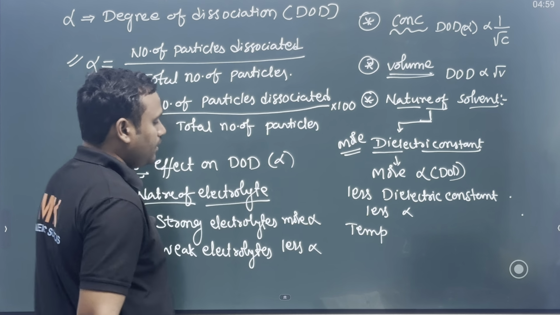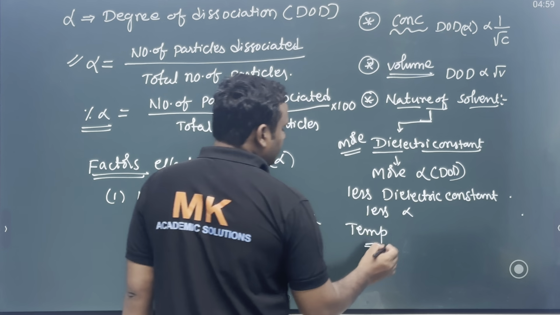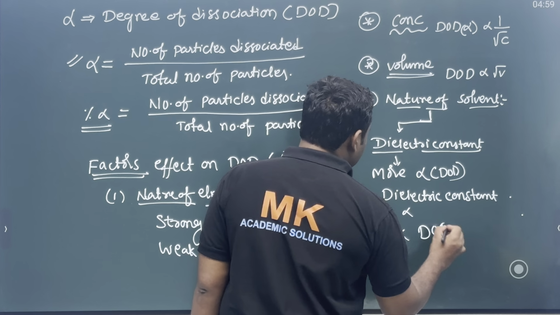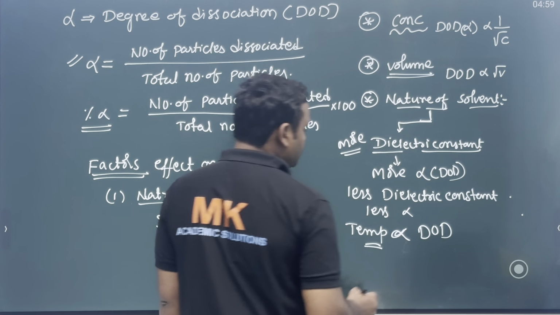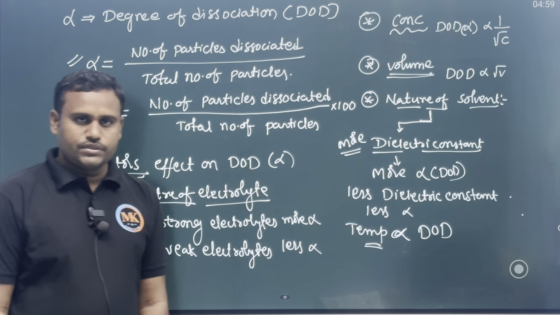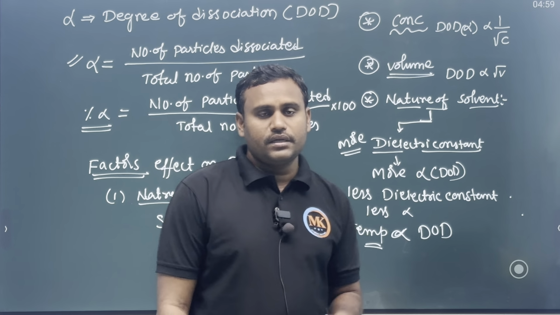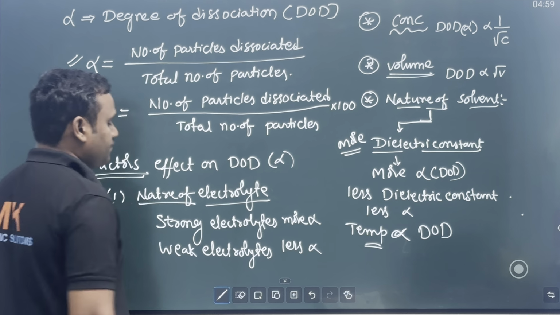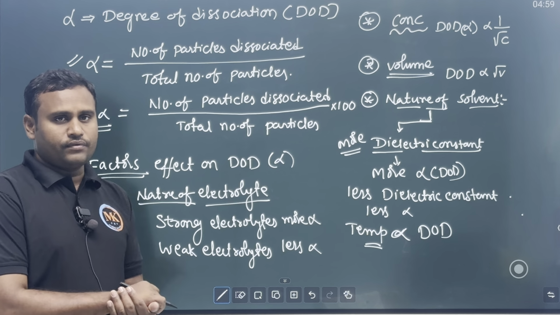See here, temperature is directly proportional to alpha, or degree of dissociation. Temperature increases, degree of dissociation also increases. So these are the factors which affect the degree of dissociation.